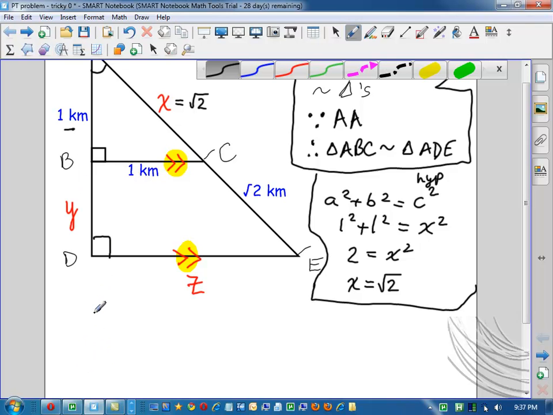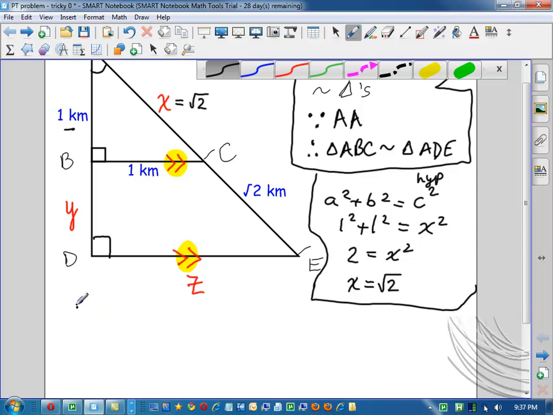What we're going to show here now, we have this whole side. And since we know that these two triangles are similar, we should be able to find this side, because we know this and this, and we already know this, so it shouldn't be too much of a problem.